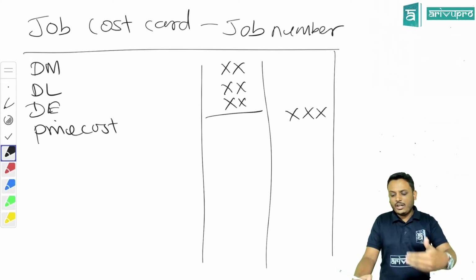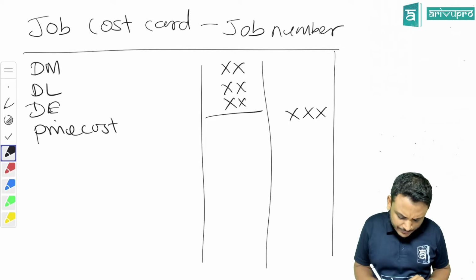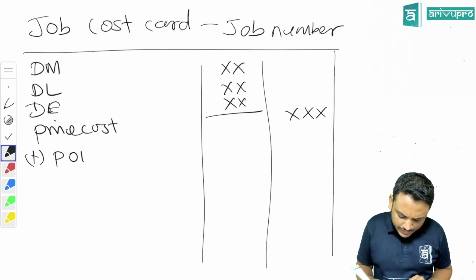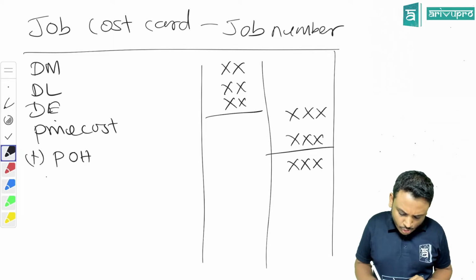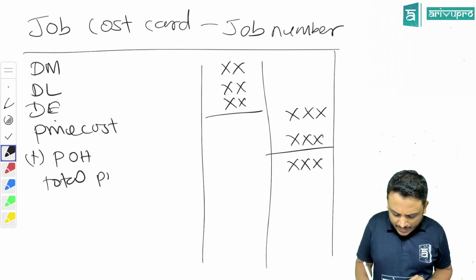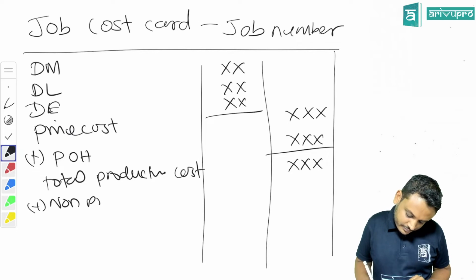All these are related to what? The job. Then production overhead. Then we end up with total production cost. Then we add non-production overhead.